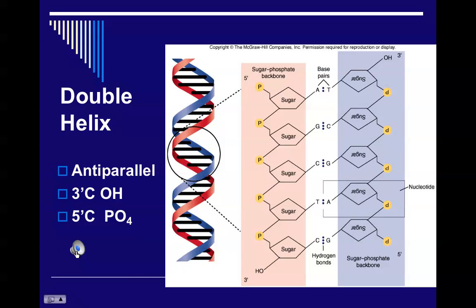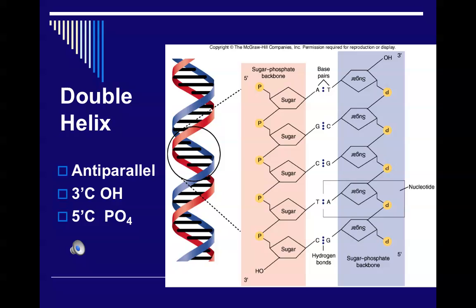Along with the double-stranded structure of DNA, notice that, again, we have that 3', 5' orientation. The 3', 5' are actually referring to the carbons on the sugars, deoxyribose, and where the carbon is located, to which we can either attach a hydroxyl group or a phosphate group.